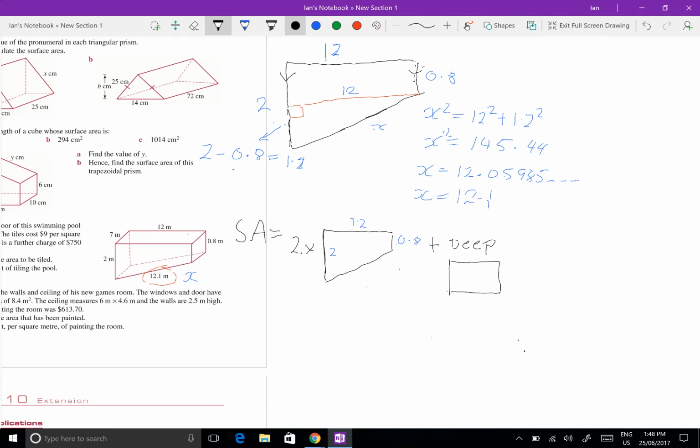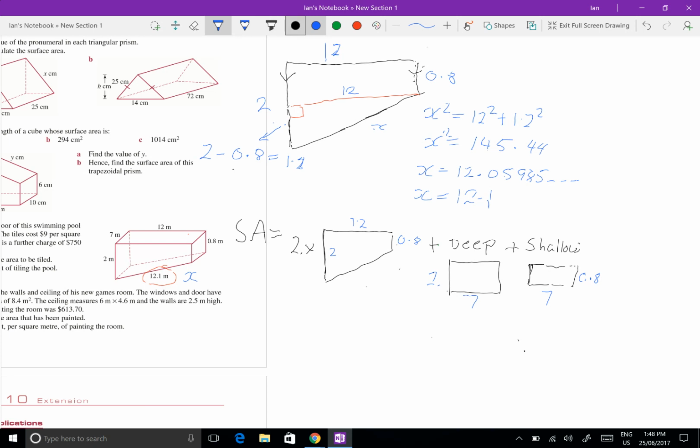The deep end is 2 meters deep by 7 meters across. The shallow end is also a rectangle, and it's 7 meters across and 0.8.